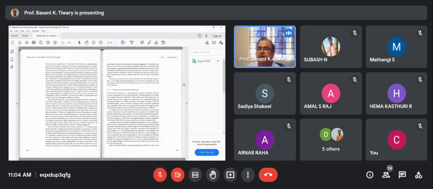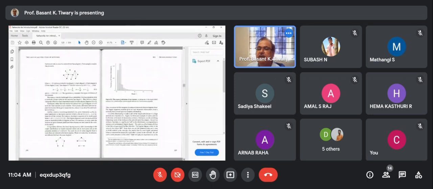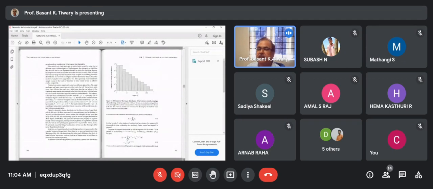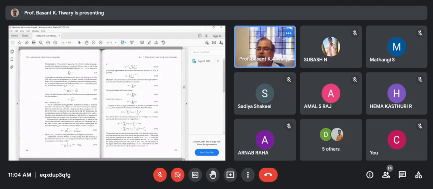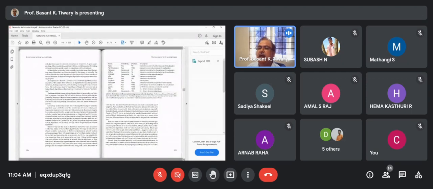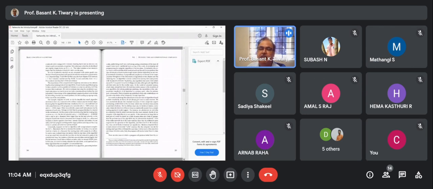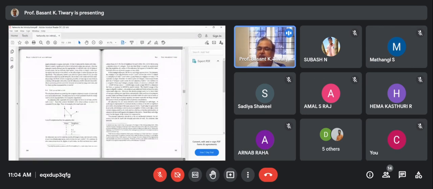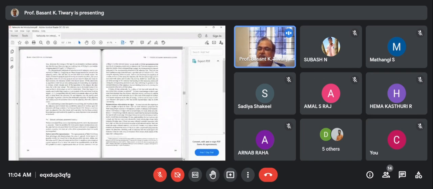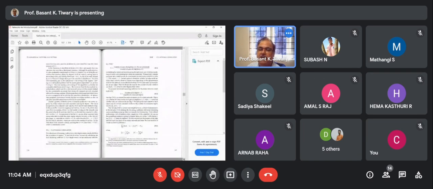You can also read here some concepts of power law and scale-free networks. If you read this part, you will have a very good idea not only about different types of biological networks, but also about different measures of networks and how they are performed.